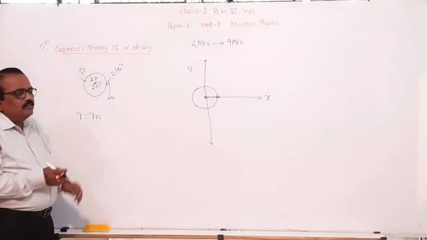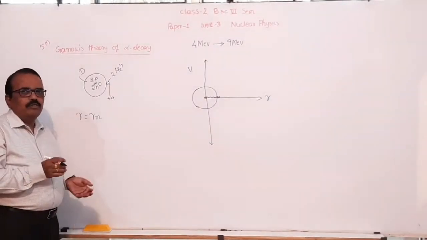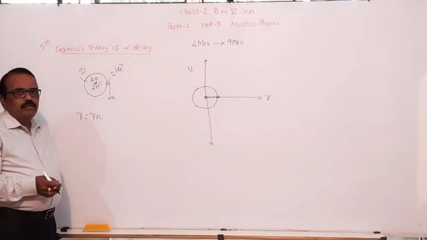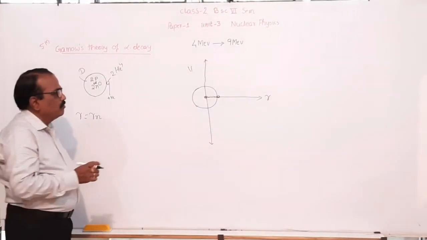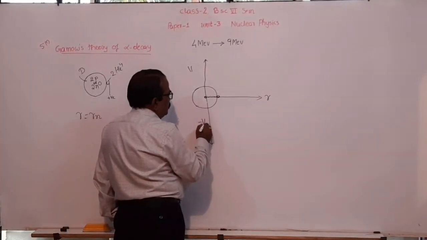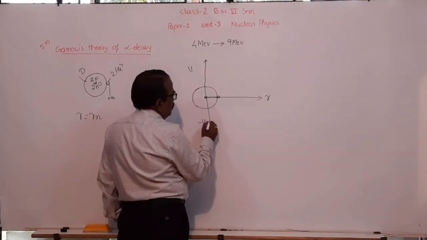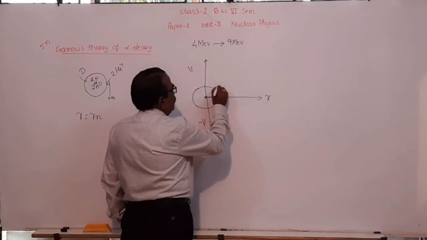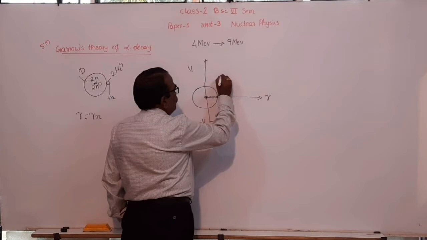When the alpha particle is inside the nucleus, it is negative potential. When it just crosses the boundary, it has got positive potential. So this potential goes on changing. At the boundary, it's the maximum potential.